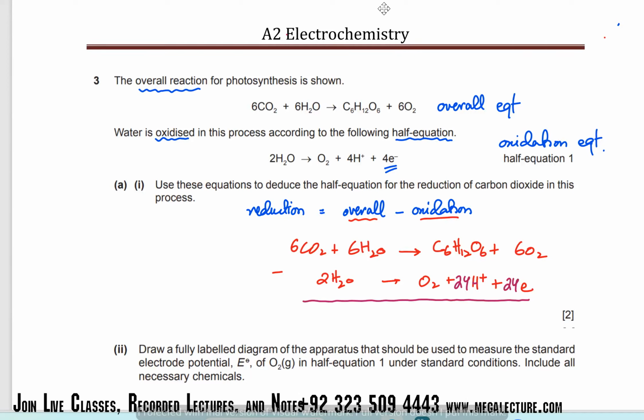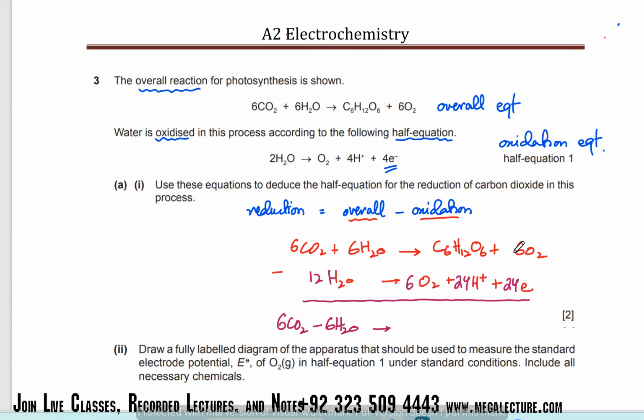Or this will become 6 O2s and that will become 12 H2Os. So now I just need to subtract. तो subtract कर लेते हैं. तो यहाँ पे क्या आएगा? It's going to be 6 CO2s and minus 6 H2Os. ठीक है, मतलब 6 H2O minus 12 H2O, that gives you this.